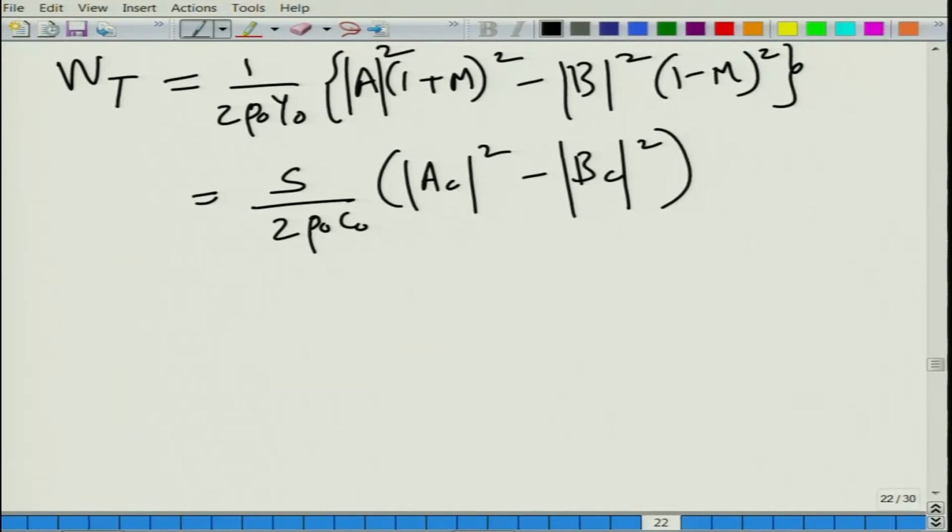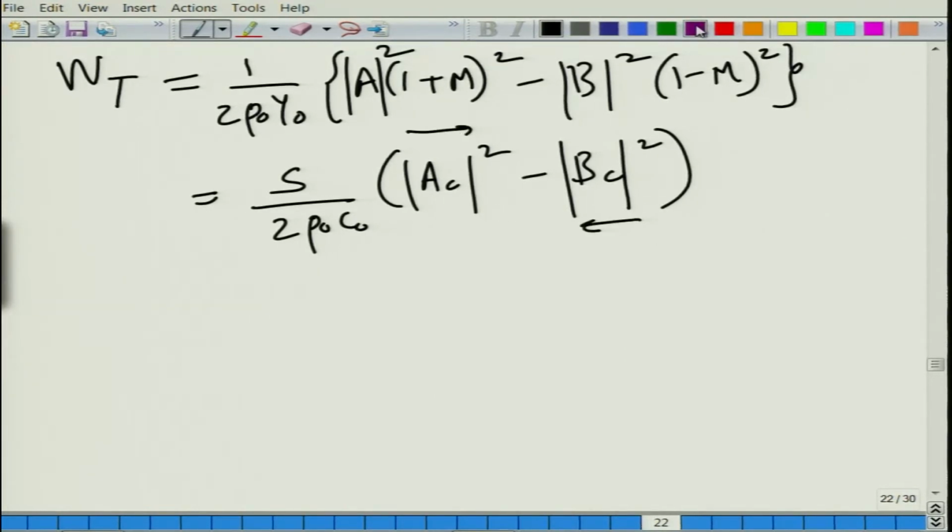So, this WT is the total acoustic power that escapes from the pipe in the presence of flow, and there is much more to it than what just meets the eye in this expression. All these terms, A into (1 plus M), B into (1 minus M), basically tell you the sum total.